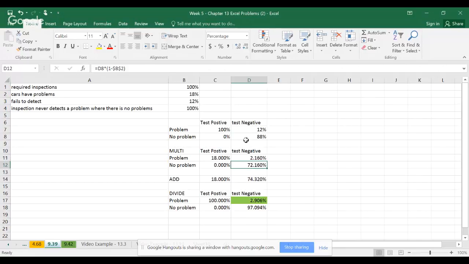So 88% of the time, so it should be 88% times 82% effectively. And the two adding ones should be equal to 1, right? Yes, these should be equal to 1. They're not. You're right. So there's a problem here, but what is it?